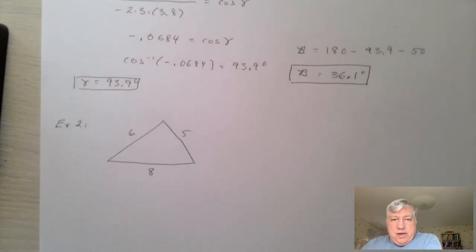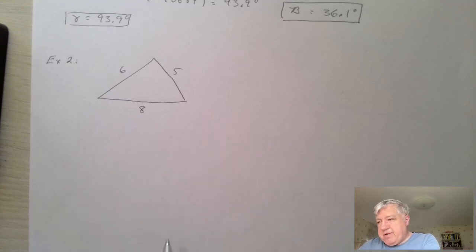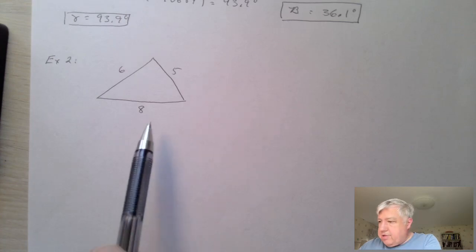Now, for the other case, when we have all three sides and we don't know any of the angles, we have to use the law of cosines, and we can use it as many times as we want, maybe even 3 times, even though we really won't have to use it 3 times. So just pick one.